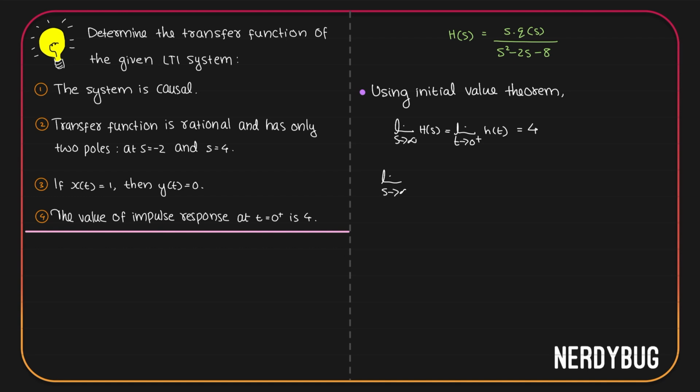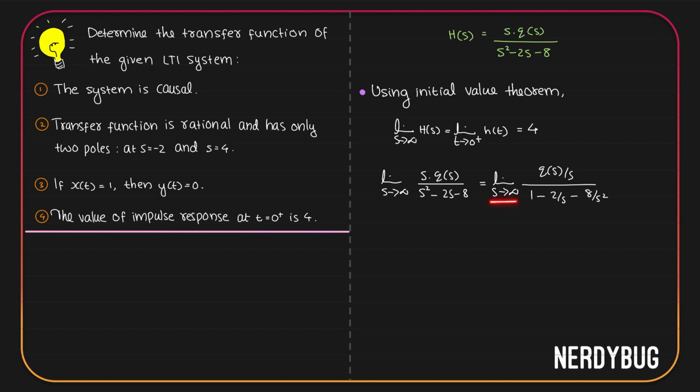So limit s tends to infinity H(s) is s multiplied by Q(s) divided by s square minus 2s minus 8. In the denominator, the highest power of s is s square. So let us divide both numerator and denominator by s square. Then we get limit s tends to infinity Q(s) divided by s, divided by 1 minus 2 by s minus 8 by s square.